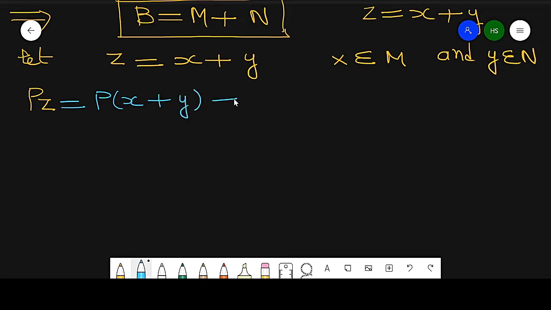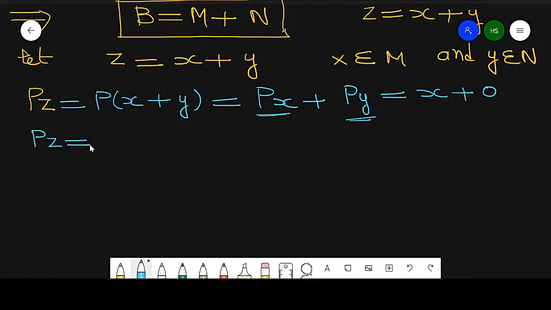P is an operator, so this can be written as Px plus Py. Now y belongs to N, so its image is equal to 0. x belongs to M, so its image is equal to itself. So this can be written as x plus 0. So we get P of Z equal to x.